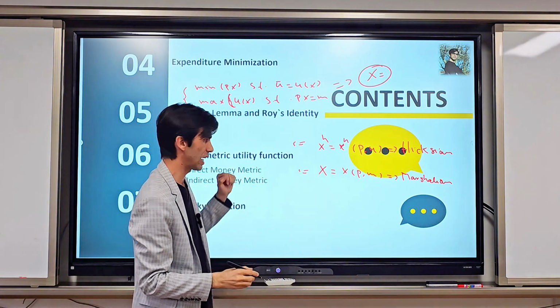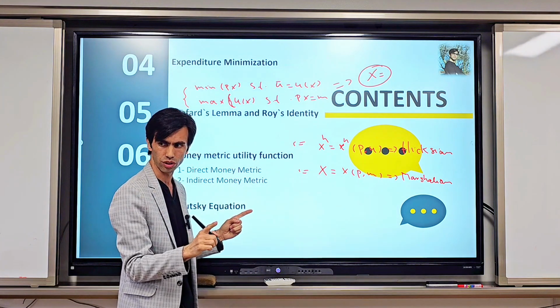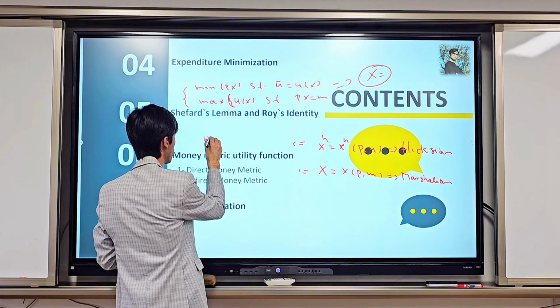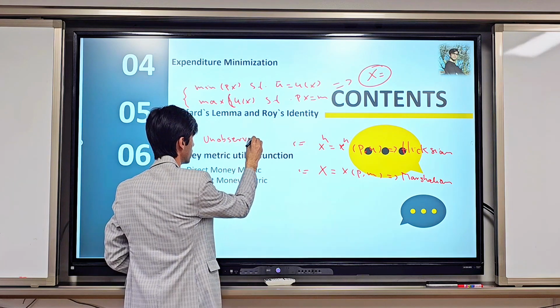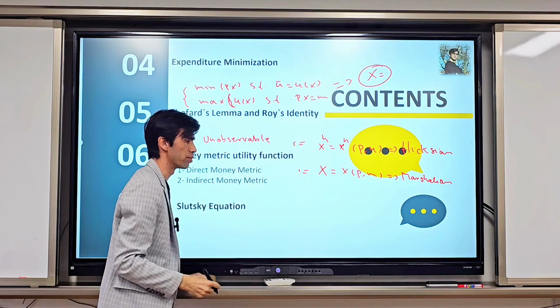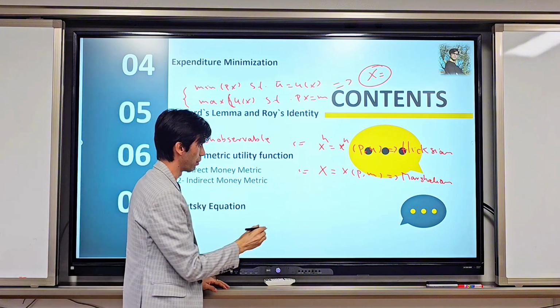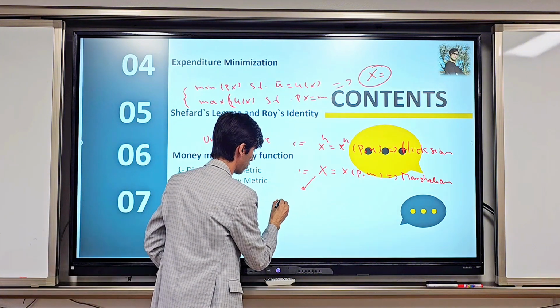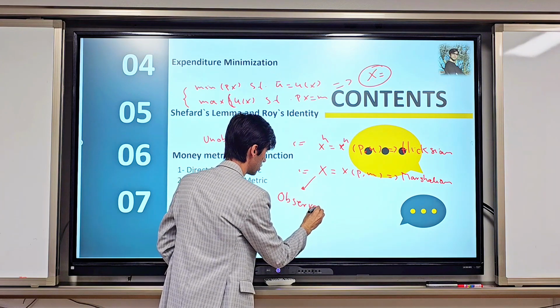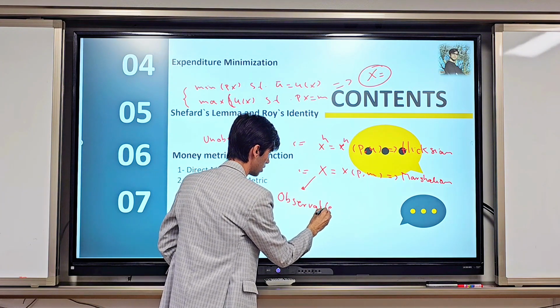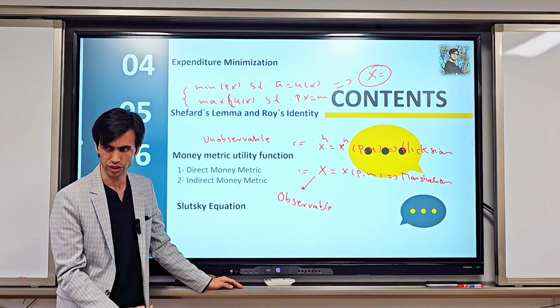For the Hicksian demand function, we use a terminology, and that is unobservable demand function. But for the Marshallian demand function, we call it observable or normal demand function.